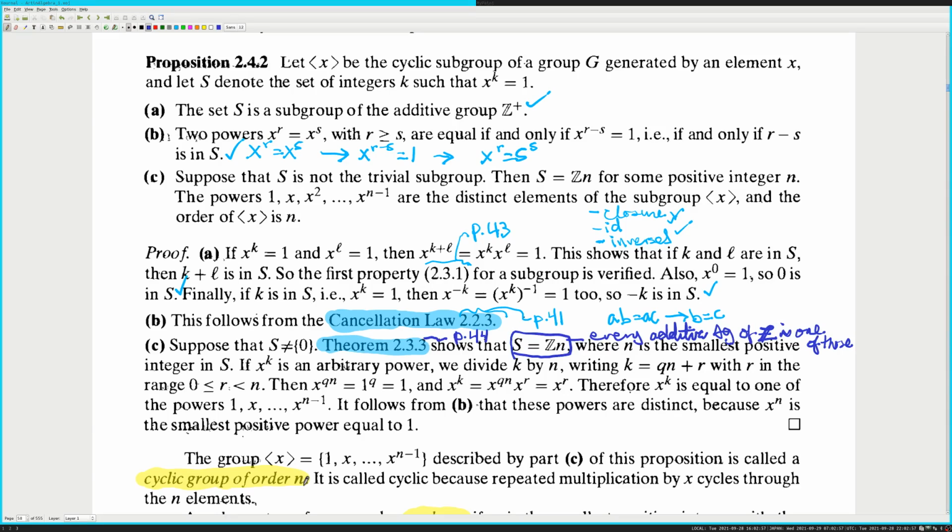Then x to the k is equal to x to the r. Yeah, because it just cyclically goes through those powers.